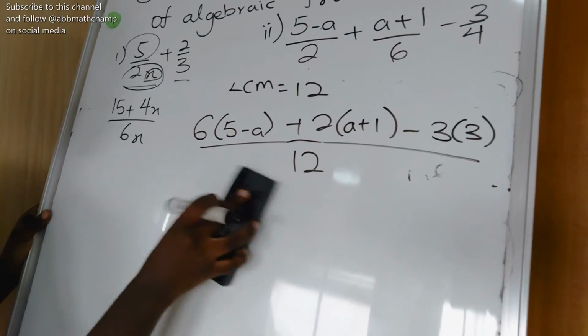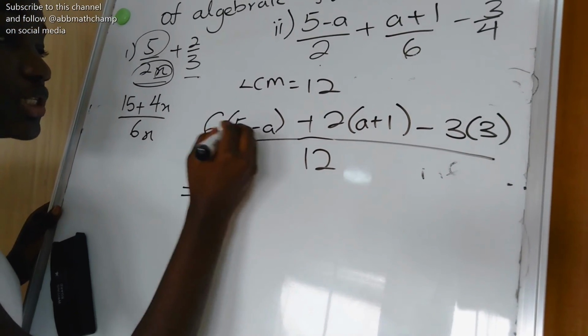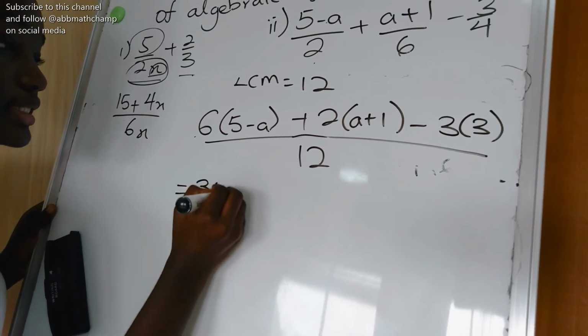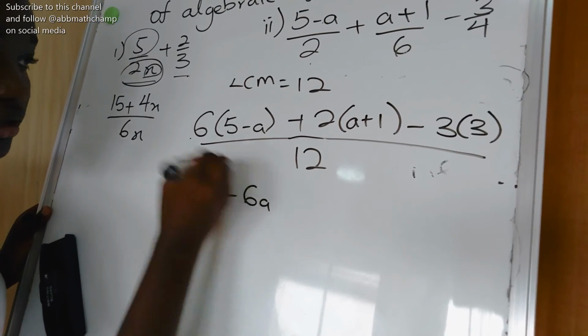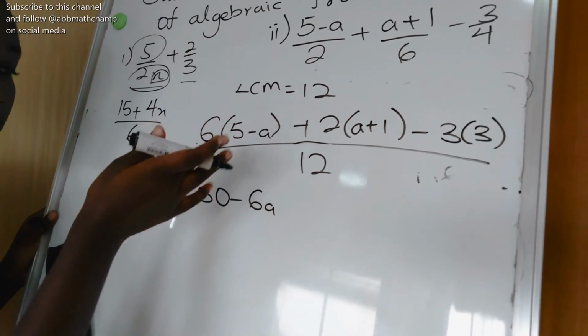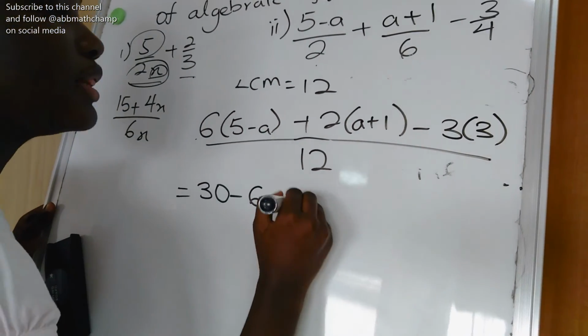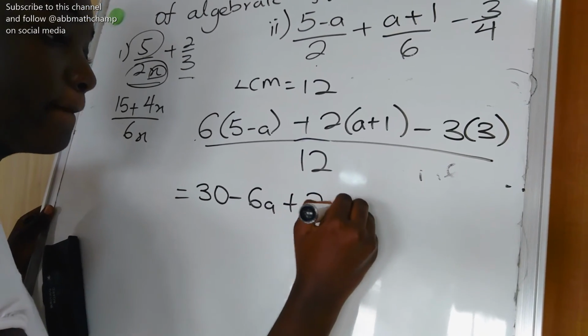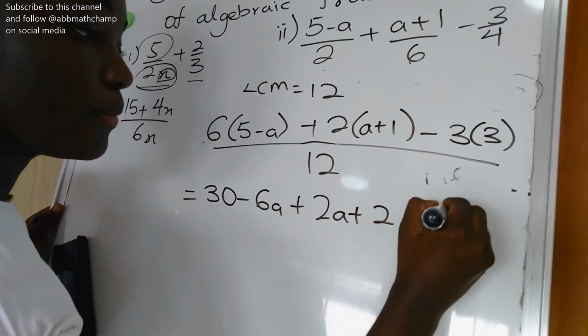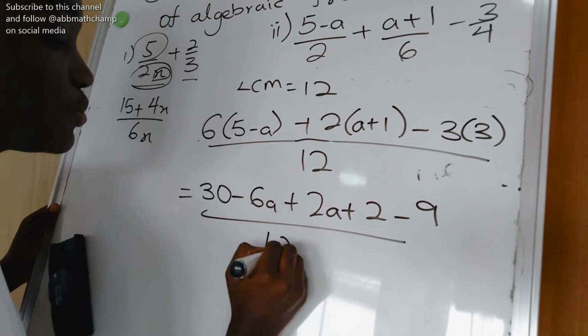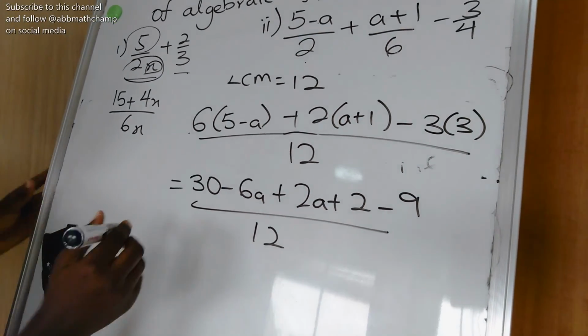So then we solve this, which is 6 times 5, and that's 30, minus 6a, plus 2a plus 2, minus 9, all over 12. We've learned how to open the brackets. So you just simplify this.